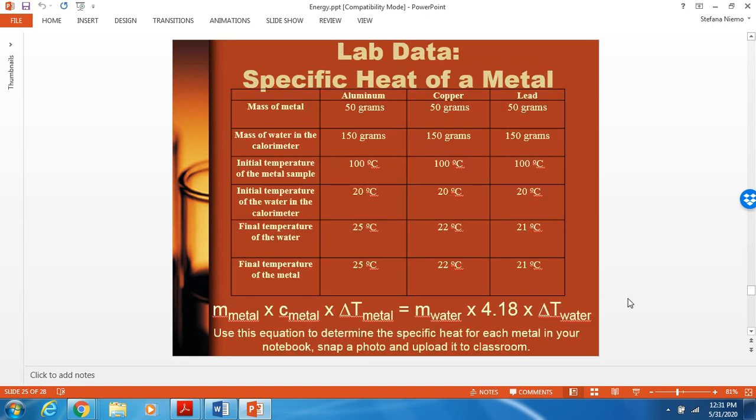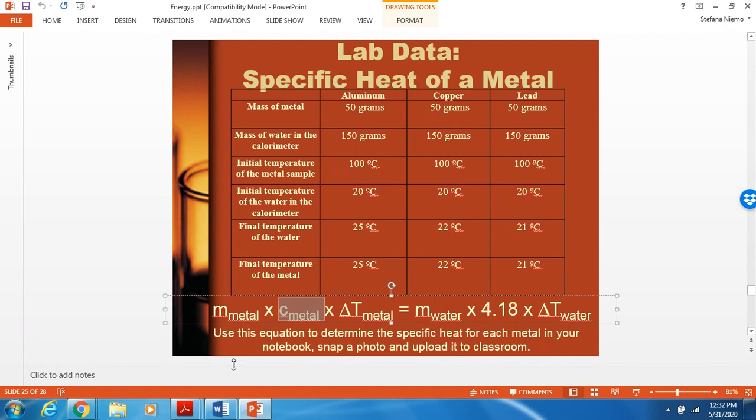What that means is that if we take a bunch of lab data like we just collected for aluminum, we can determine that the mc delta T for the metal has to be equal to the mc delta T for the water. The temperature of the metal went down, but the temperature of the water went up. And by doing this, we can fill in all of what we know from this data table and determine just what this missing piece, the specific heat of the metal, might be.